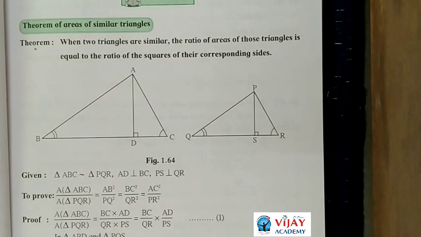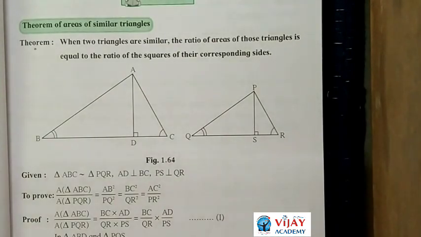Also, that must be equal to P1 square upon P2 square, where P1 and P2 are the perimeters of these corresponding triangles. So this is a very important theorem, and we discuss this theorem in class.